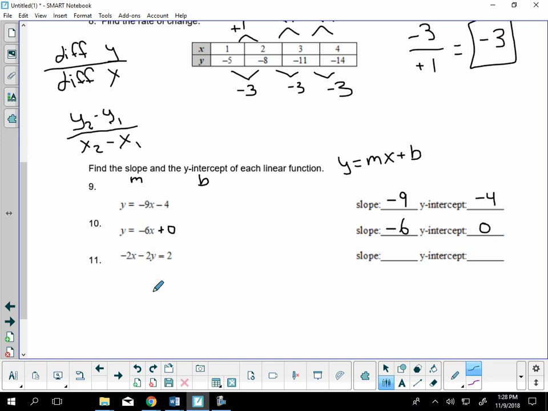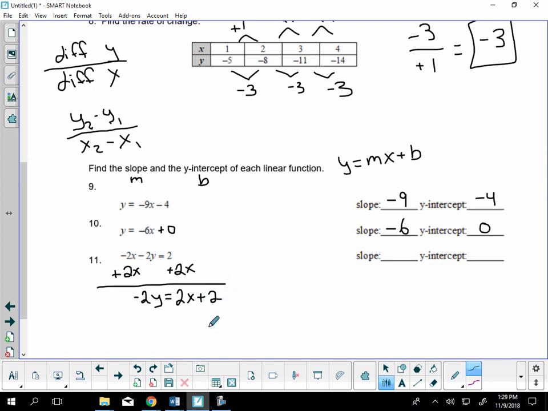On number 11, that's not in slope-intercept form, so I'm going to put it in slope-intercept form by solving for y. So add 2x to both sides. And when I do that, I'm going to get -2y equals 2x plus 2.